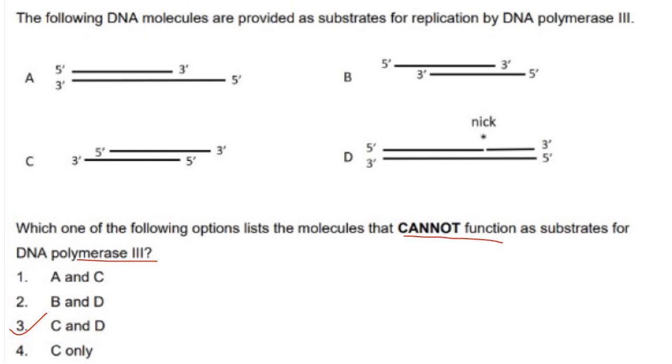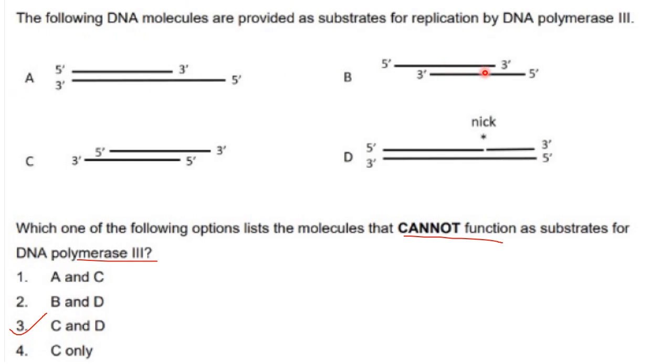Then a primer should be present and it should have a free 3' end. So if you see option A, a single-stranded template is there. Primer is there with a free 3' OH. So it will act as a substrate for DNA polymerase 3.